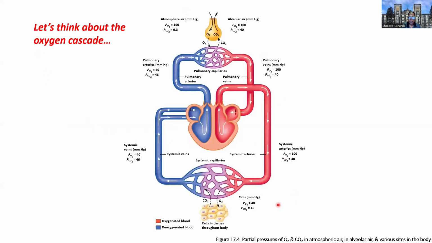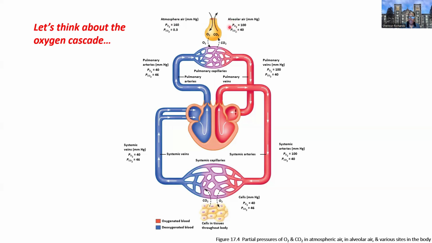Okay, let's reiterate that here again. So thinking about our atmospheric pressure, the air here in our atmosphere being for oxygen partial pressure 160, for CO2 0.3. And then when we get down to the level of the alveolus, the alveolar air, we already see a drop off.